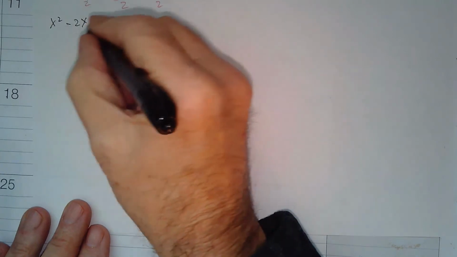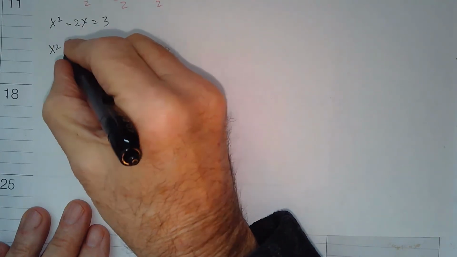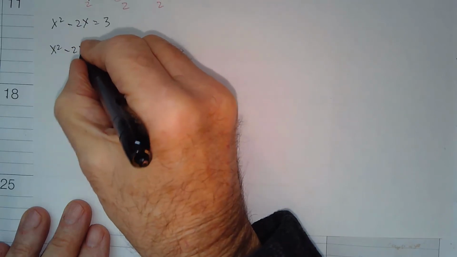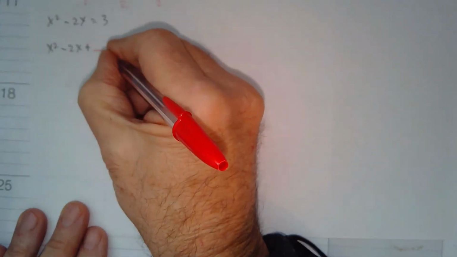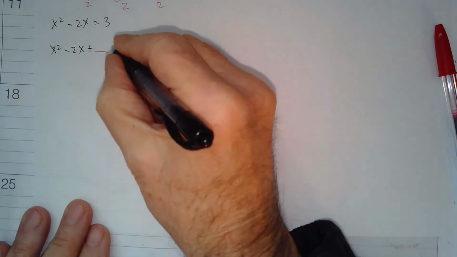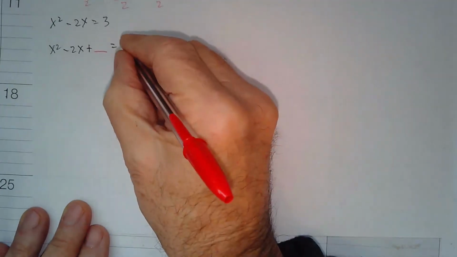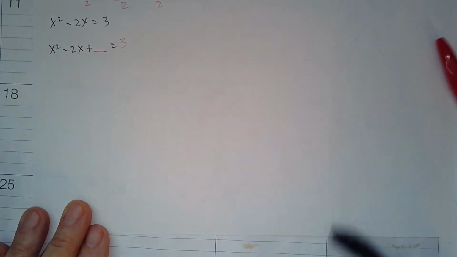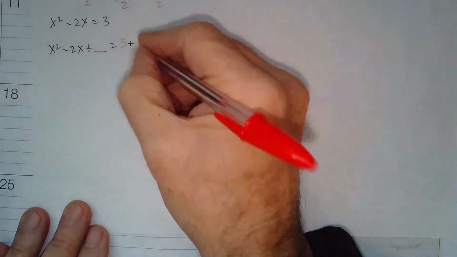You want that third space. So I'm going to rewrite this as x squared minus 2x plus a space equals 3 plus that same space where you're going to put the c in.